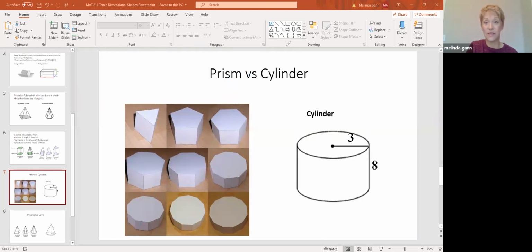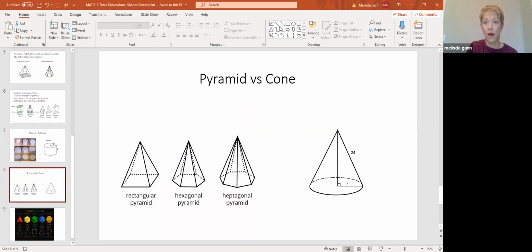Now, similarly, the same thing's going to happen when you start looking at pyramids and cones. All right, so look at this one. Do you see that the majority of the sides are triangles? That's why all these are pyramids. All right, now I don't know if this thing's a square. I know it's got 4 sides, so I could at least call it a quadrilateral pyramid or a rectangular pyramid.